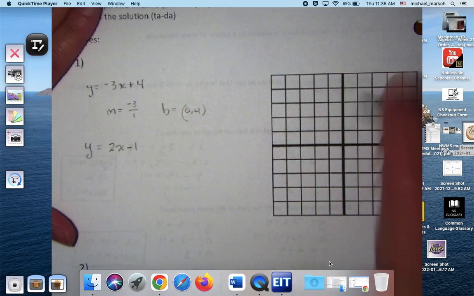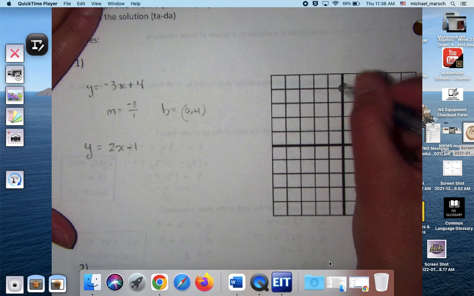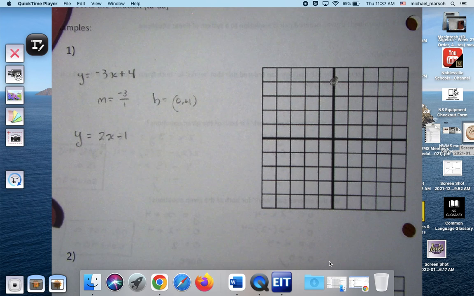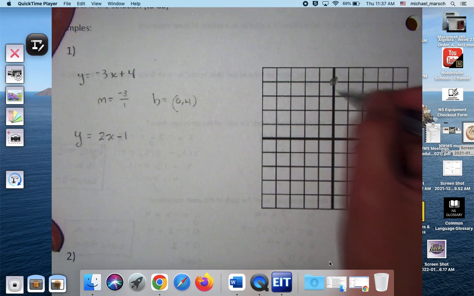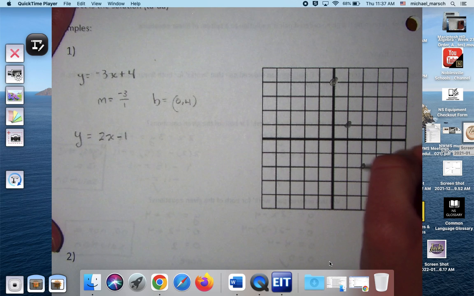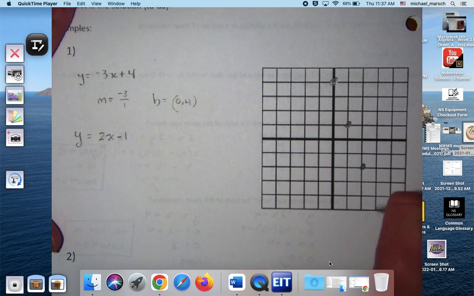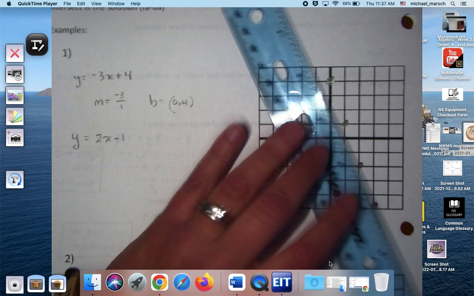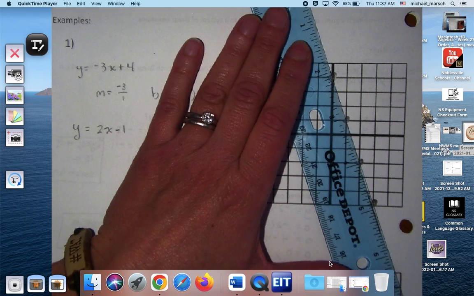We start at the y-intercept. We put a point. And then we use our slope to tell us where to put our next point. So down 3 over 1. And then we use our ruler to create the first line.